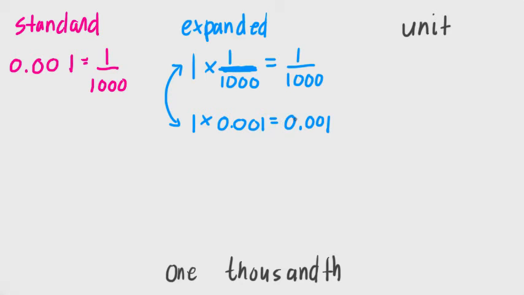Now, when we expand it, this one's really nice because we started with 1,000th. If it was a different number, it would change that, and we'll do another one so I can show you what I mean. But the last thing is the unit form. When we do the unit form, it's really easy. We write the numeral, and in this case, the number's 1.